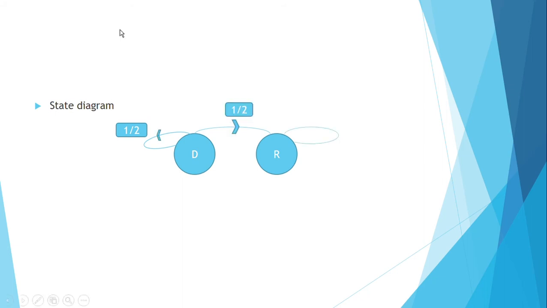The third edge represents the process moving from rainy to rainy day in the next step with the probability 2 by 3. Then the fourth and final edge represents the process moving from rainy to dry day in the next step with the probability 1 by 3. This is the state diagram of the above process.